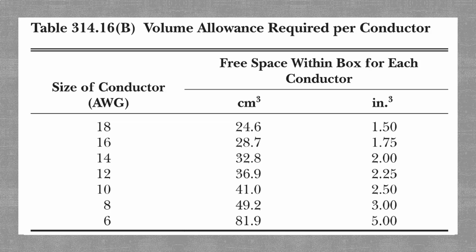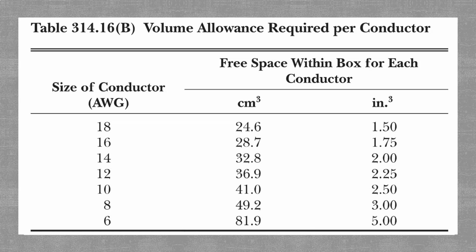We're going to be looking at the cubic inches column. If we start with an 18 gauge conductor and go straight across that row, we have 1.5 cubic inches. Moving down to a number 12 AWG conductor, we need 2.25 cubic inches per conductor, and then down to a number 6 AWG, we need 5.0 cubic inches per conductor.